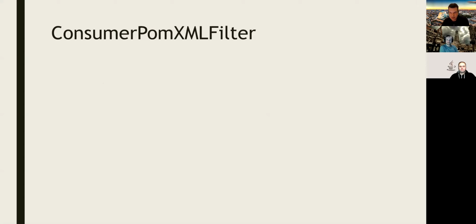For the consumer XML filter, it is about cleaning up a couple of things. One thing we can do is remove the relative path from the parent, because this is a typical thing that points to a file or directory on your own system. Once it is uploaded, it ends up in your local repository or some remote repository, and there this element doesn't make sense anymore.